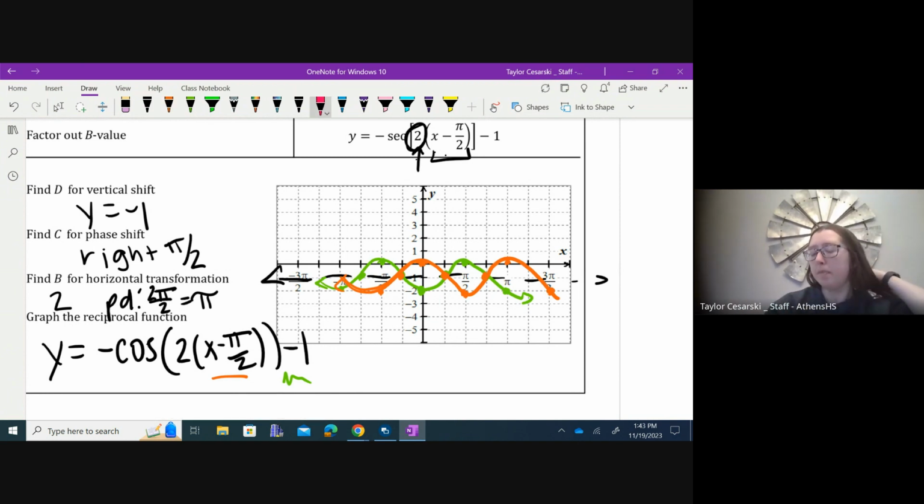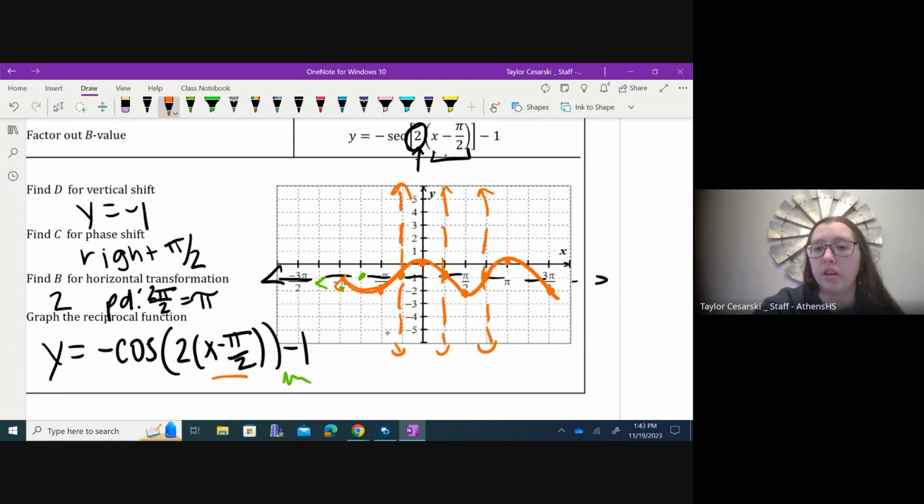Now, think about the secant function will have those vertical asymptotes wherever cosine equals 0, and then it will shift down 1. So wherever it intercepts with the midline, I know you're thinking that's actually -1, but that shift happens after the fact. So everywhere that it hits that midline at -1, you're going to have an asymptote.